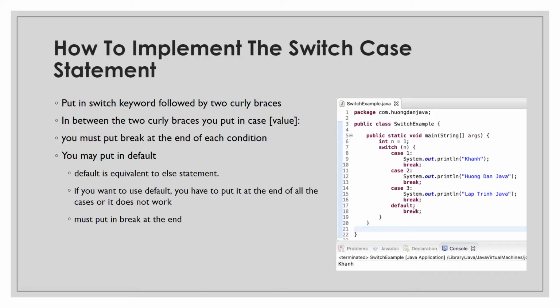You put the default statement, with no need for any values or conditions. You just put a colon on it, and once you're done with the block of code, you put in break, just like the previous cases. So without further ado, let's get right to the demonstration.